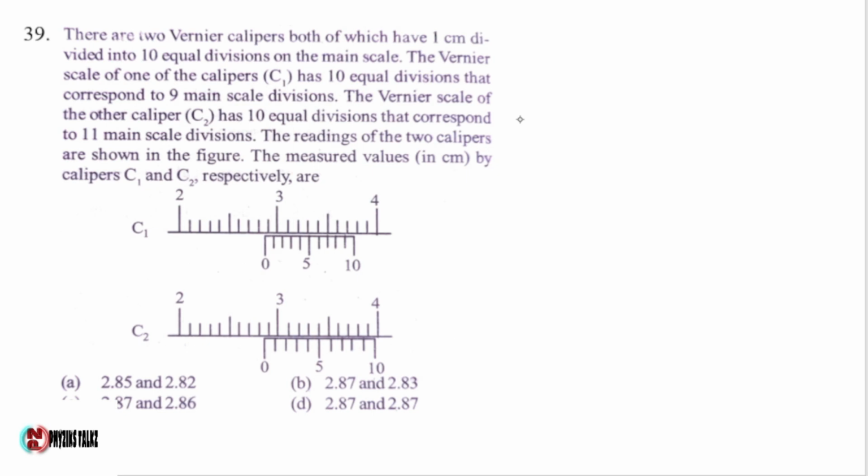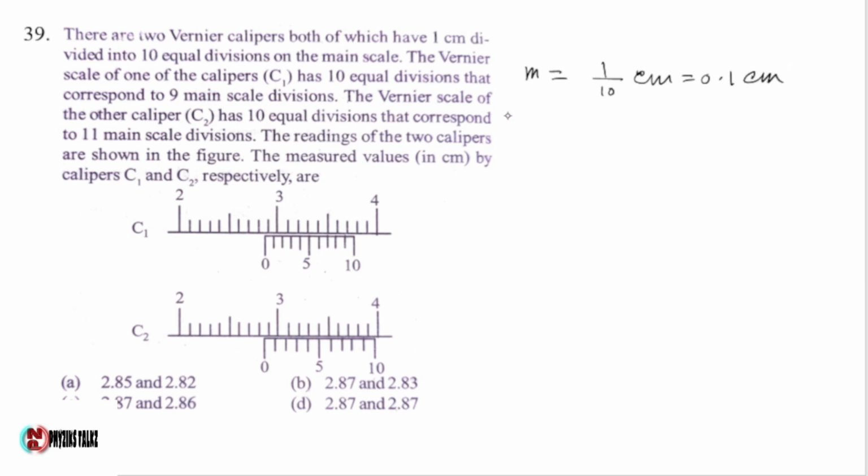There are two vernier calipers, both of which have one centimeter of the main scale divided into 10 equal divisions. Now the smallest division of the main scale is given by 1 by 10 centimeter or 0.1 centimeter.